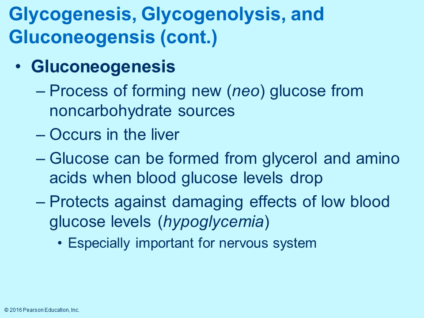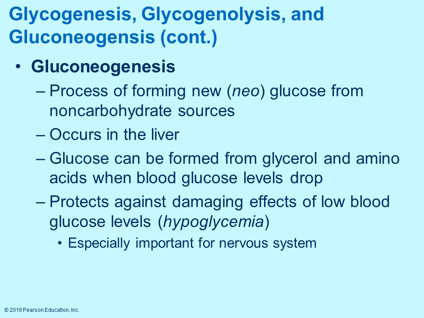The idea behind this is, once again, you don't want the levels of glucose in the blood to drop to extreme levels by any means. You want to keep it within that nice homeostatic range. And so it's kind of a backup mechanism to help protect you against very low blood glucose levels, which is hypoglycemia.